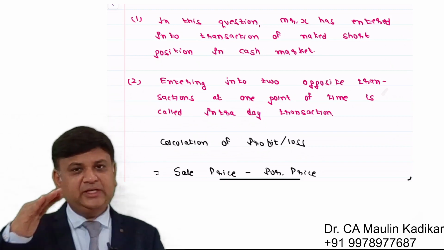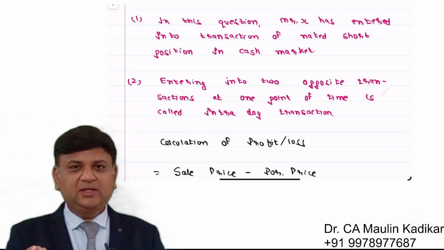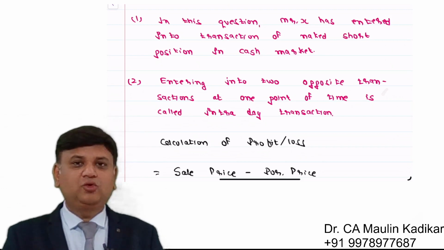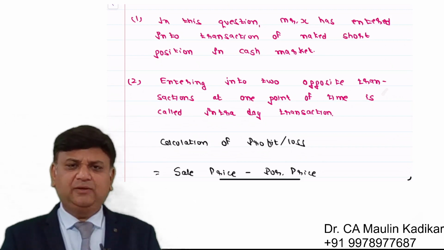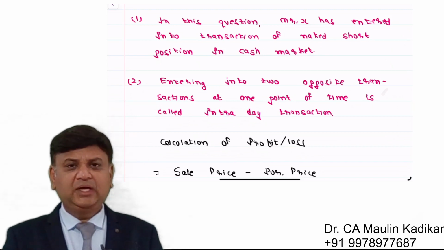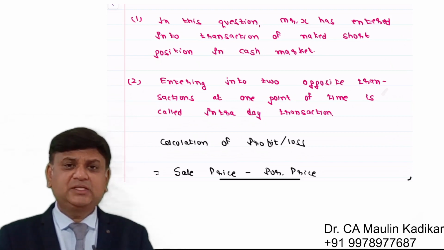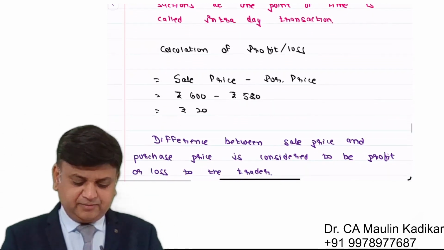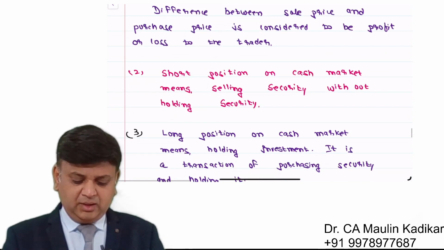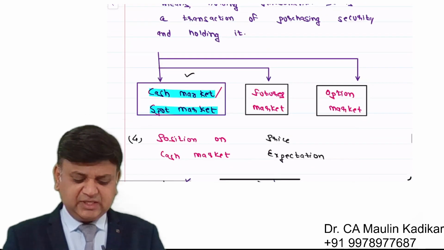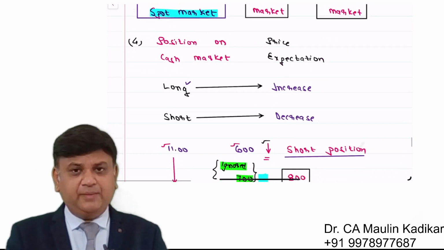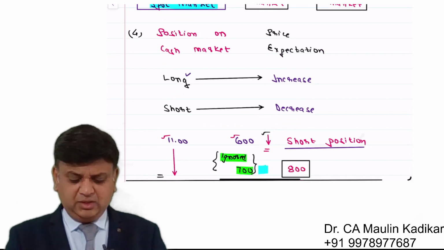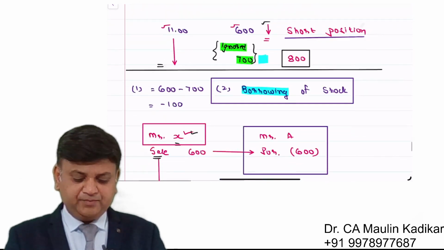You're expecting the price to go up, then you will buy, and if you're expecting the price to go down, then you will sell. Technically it is called long position, short position. These transactions are taking place in the cash market or the spot market. That is what we understand. Basically when you're expecting the price to go up, you'll go for the long position, otherwise it is short position.